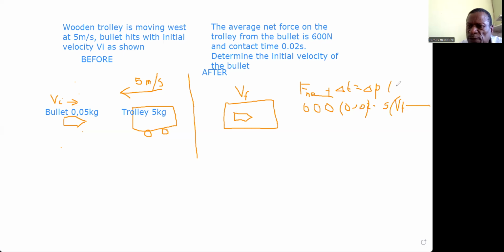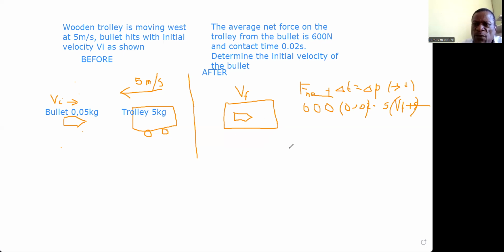Take to the right as positive. The net force on the trolley due to the bullet is to the right, so it is plus. And then VF minus the initial velocity of the trolley, which is also negative, so minus minus becomes plus 5. Then you close that. This equation gives us the final velocity of the trolley.